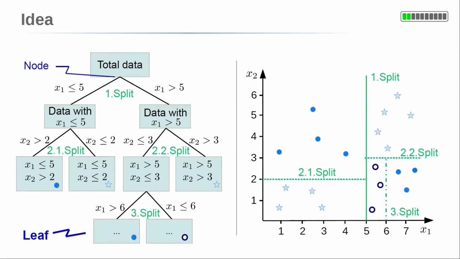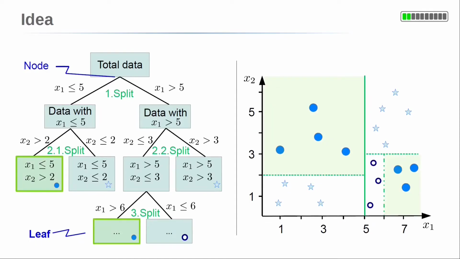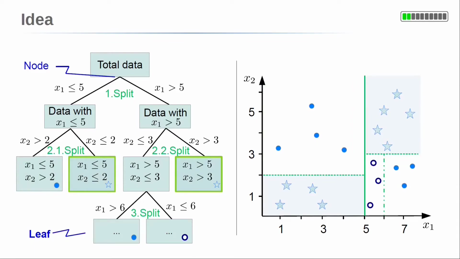Note that nodes with no further split are called leaf nodes. These leaf nodes represent the rectangles in the input space and give the classification according to the class of the training dataset. Here we have the light blue dots, here the blue stars, and here the class of the dark blue circles.